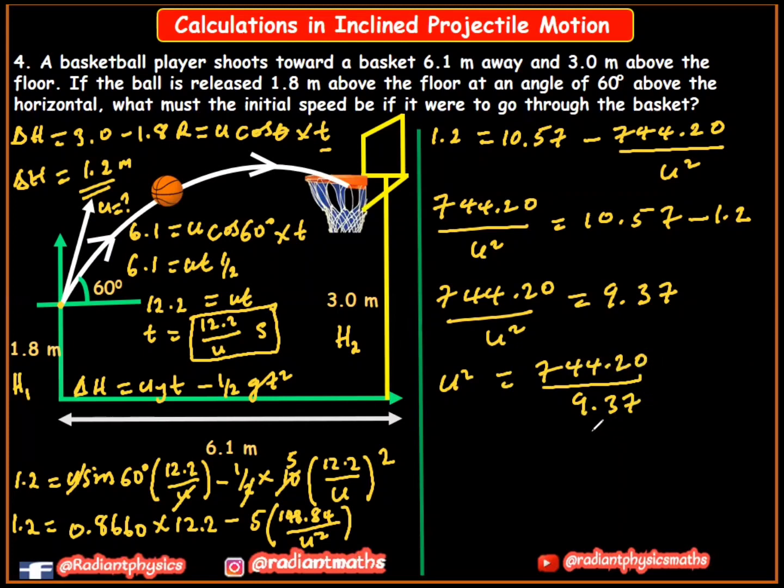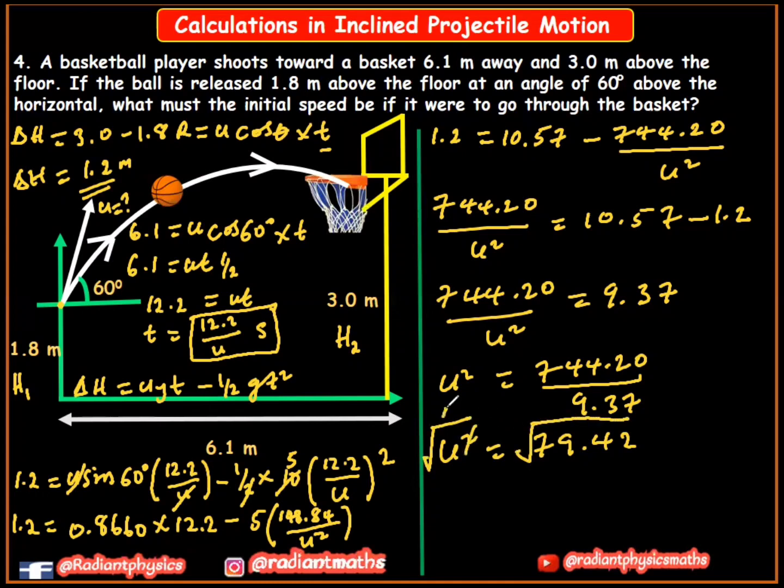Now 744.20 divided by 9.37, what do we have? U squared equal to 79.42. Now we are looking for the value of u, not u squared. So we need to take the square root of both sides. If we do that, we are putting square roots here, and then we are putting square roots here.